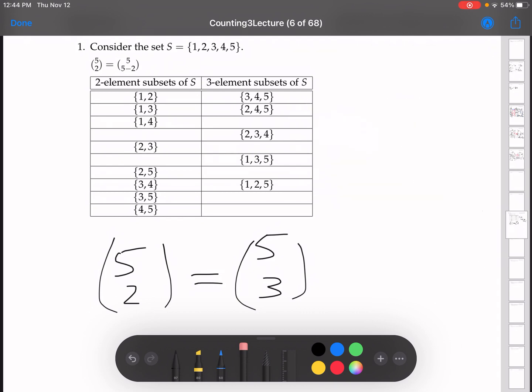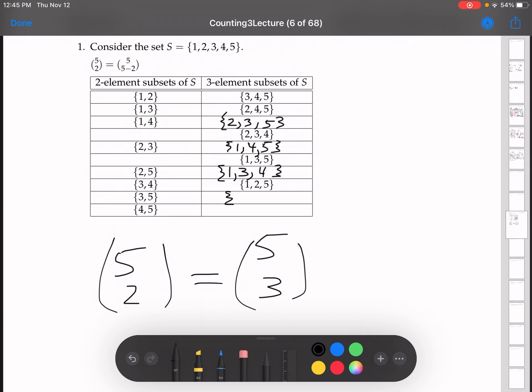And we've seen similar things to this in the functions worksheets. So let's see, 1, 4 maps over to 2, 3, 5. 2, 3 goes over to 1, 4, 5. 2, 5 goes over to 1, 3, 4. 3, 5, let's see, what's in S that's not in 3, 5?